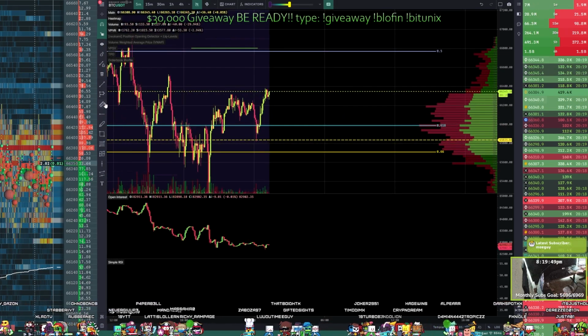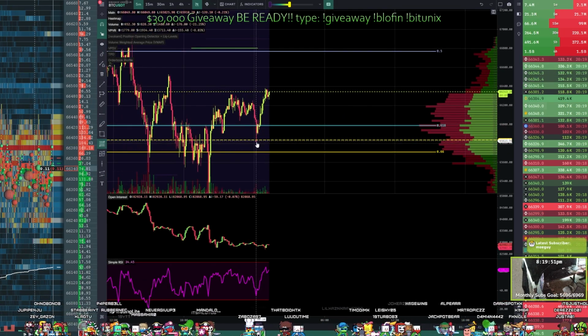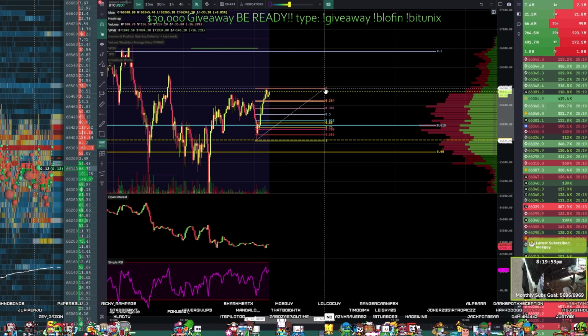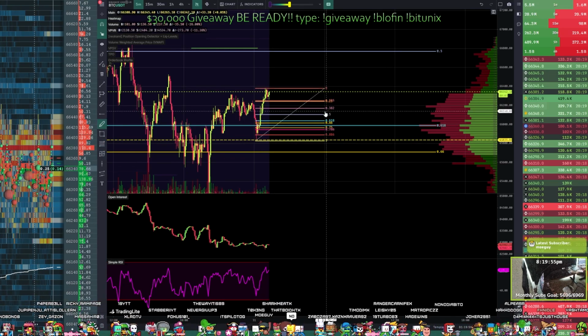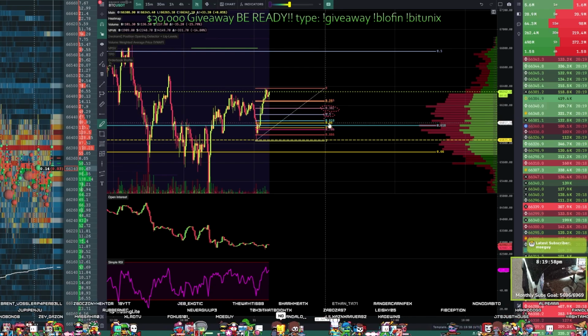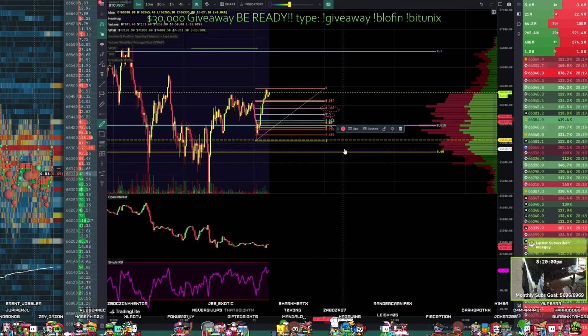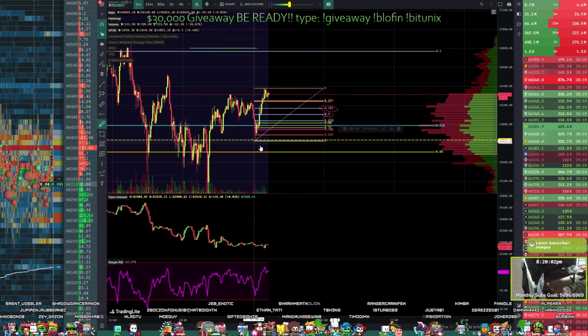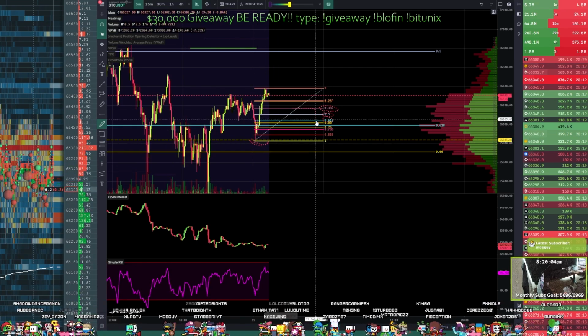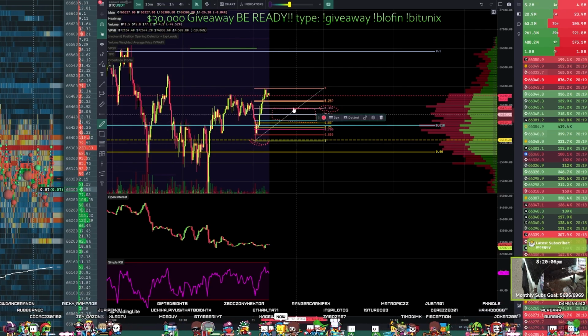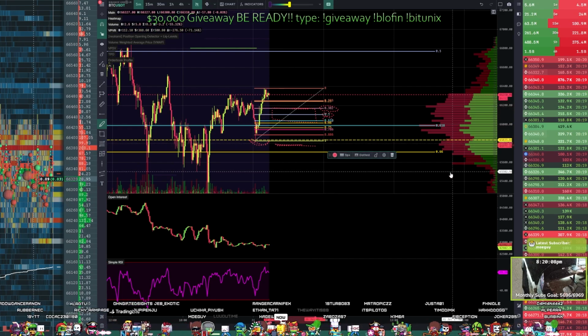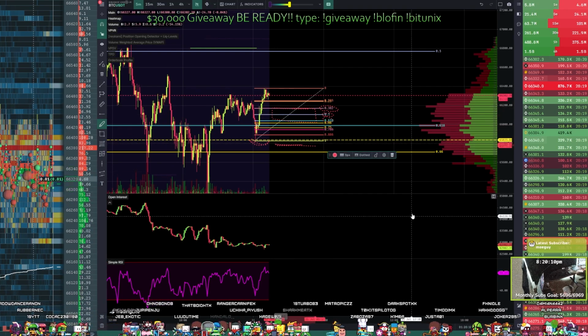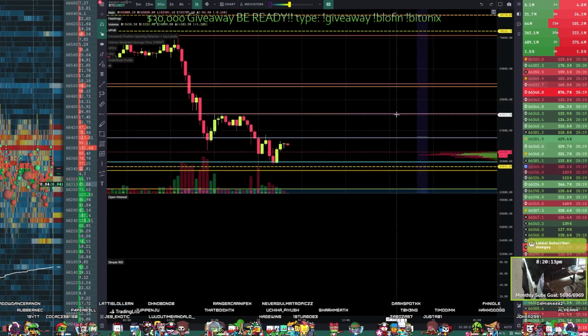Some people might do some goofy stuff like this, and they'll chase this, and they'll be looking for 382 or 05 or golden pocket. It can't make a lower low, so people might say, I need to get in. Limits right there, that's their lower low, and see if they can get anything. So it depends on how aggressive you are.